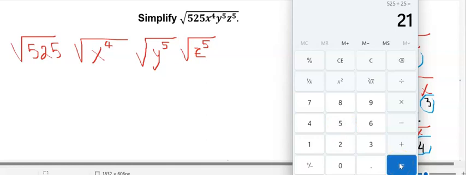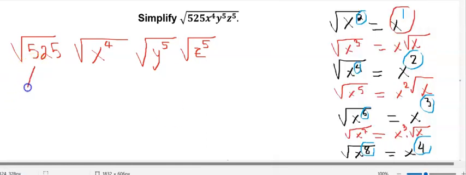The answer is yes. So I think the best factor to break down the 525 is 25 and 21, because 25 is a perfect square. All right, so I'm going to break the square root of 525 down to the square root of 25 times the square root of what?